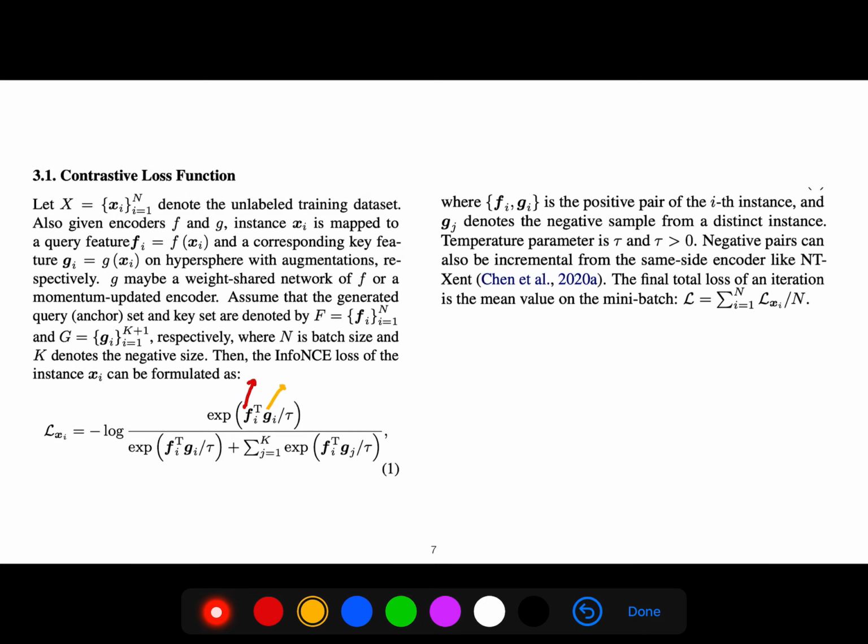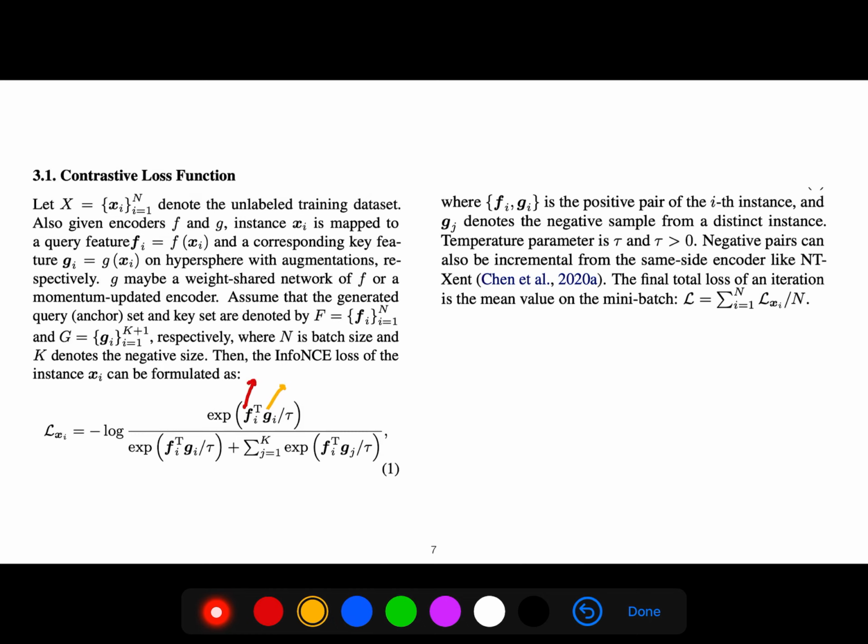G may be a weight-shared network of F or a momentum updated encoder. Assume that the generated query set and key set are denoted by F, N is the batch size, and K denotes the negative size.